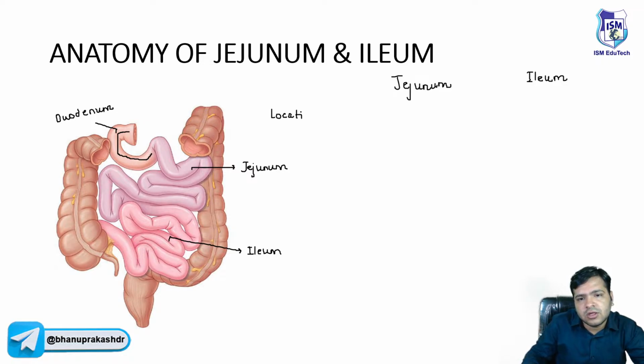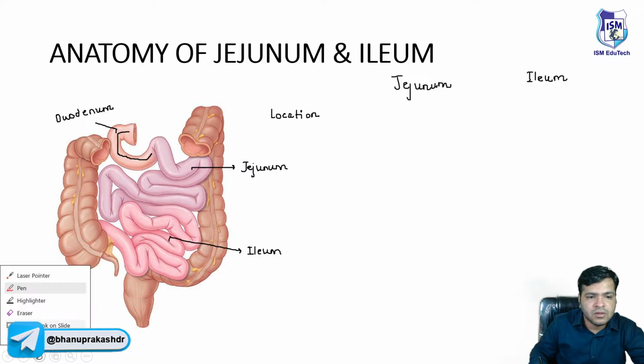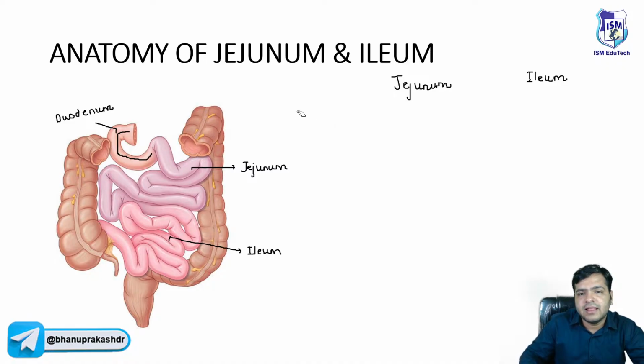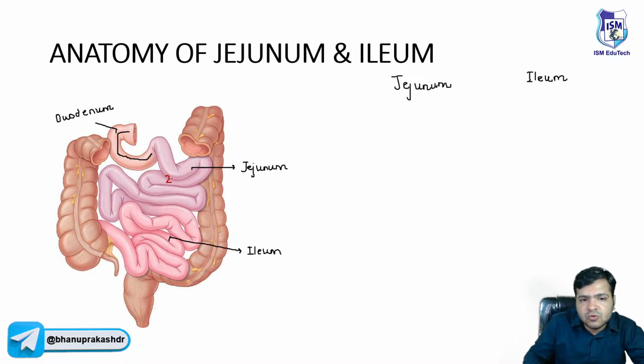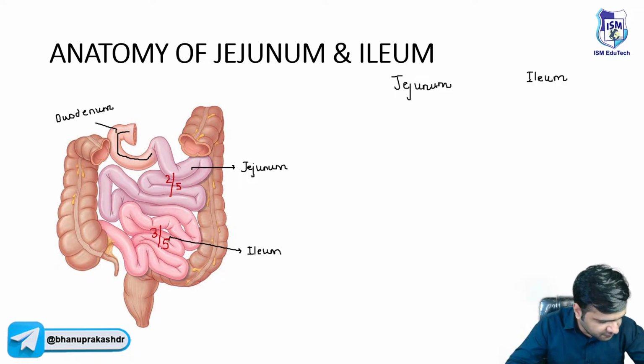Remember, the jejunum is 2 by 5th of the small intestine, and the ileum is 3 by 5th of the small intestine. If I take the small intestine collectively as 5 parts, 2 by 5 is jejunum, and 3 by 5 is ileum.